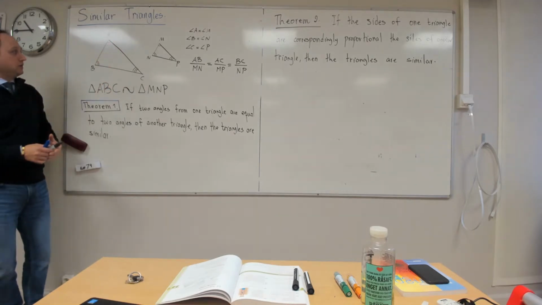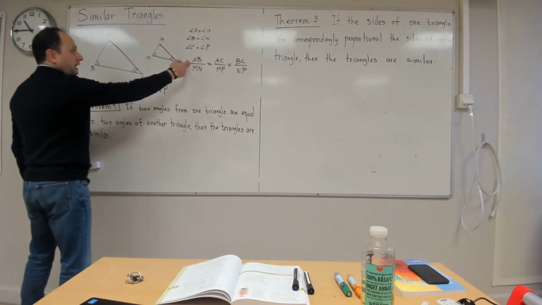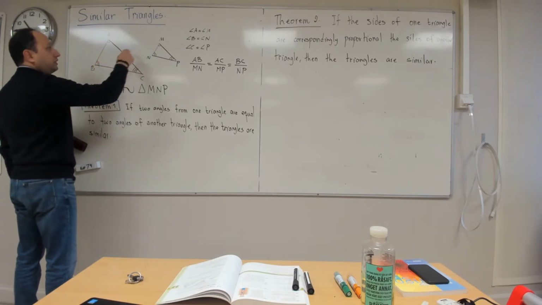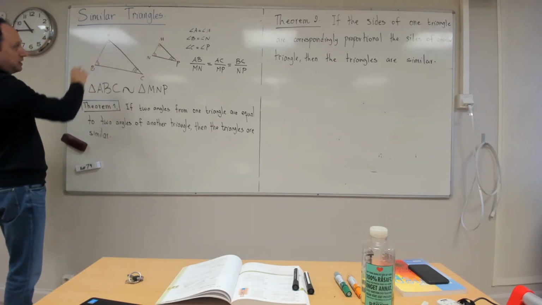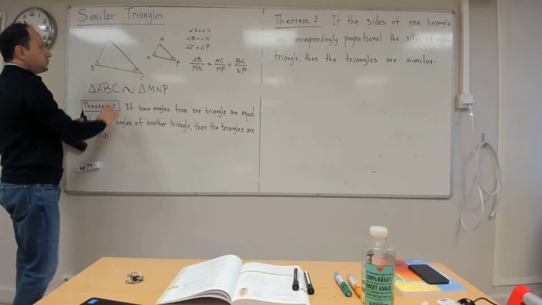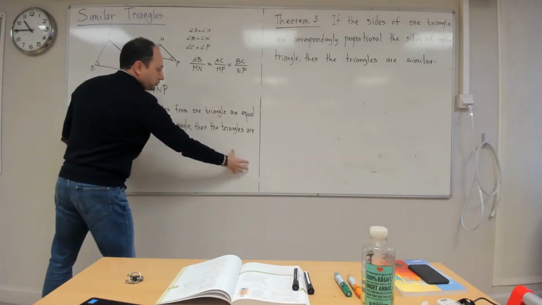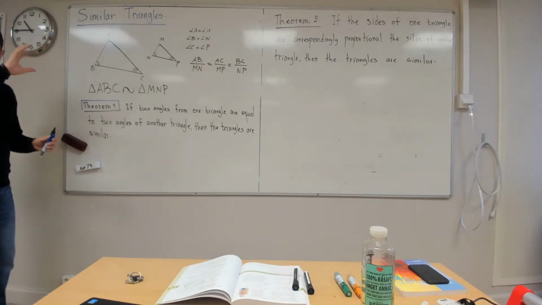I'm writing correspondingly, and then I have written AB over MN. Of course, it is clear in this picture. Assume that this triangle is in this way. I rotate this triangle and put it here. You still need to understand.